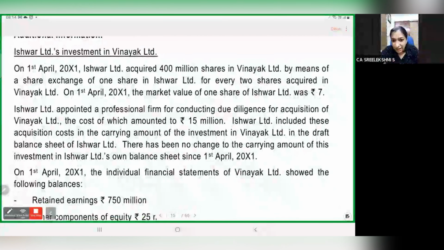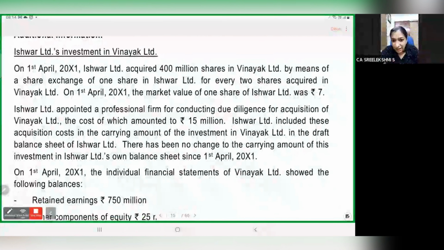Building: 600 minus 450, 150 million. Then building had an estimated useful life of 30 years from 1st April 2011.